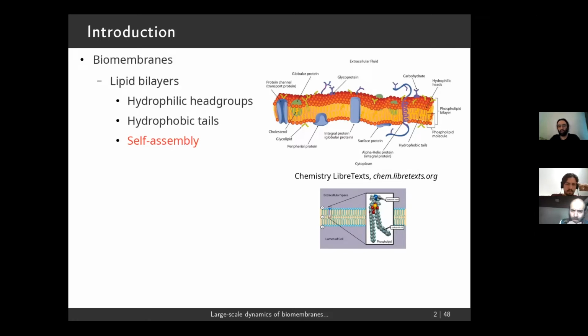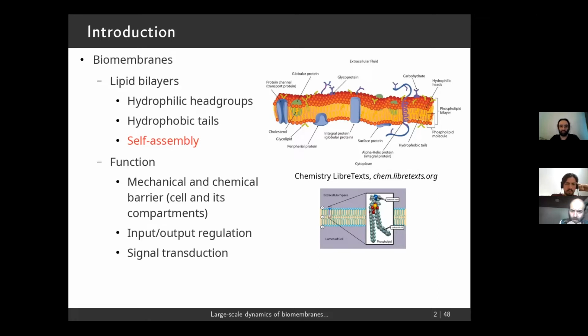Among other forms of structures that can achieve that is a bilayer. This has found functions in living cells, offers a mechanical and chemical barrier to the cell, and also helps with the regulation of input and output, and participates in signal transduction, like in neurons, so it's a vital part of the living machinery.